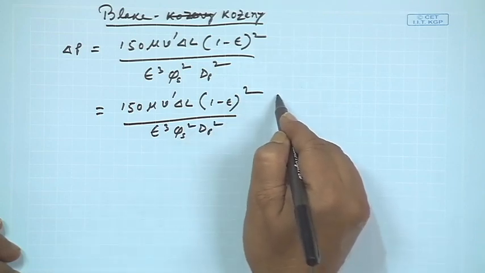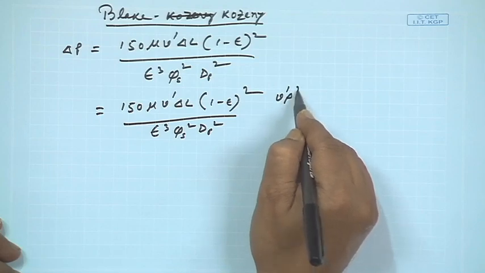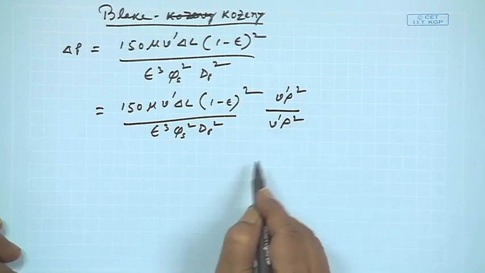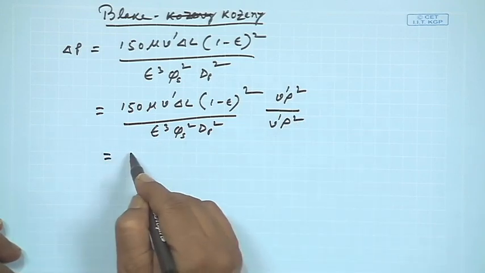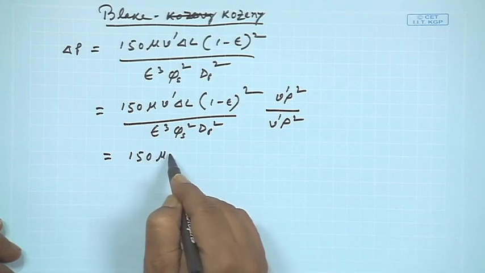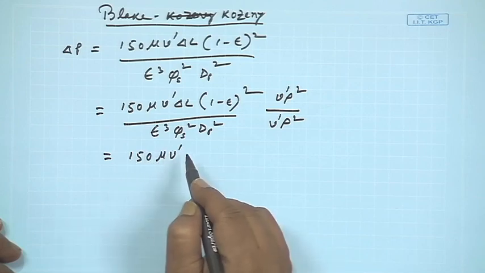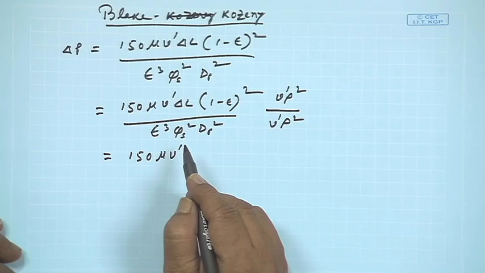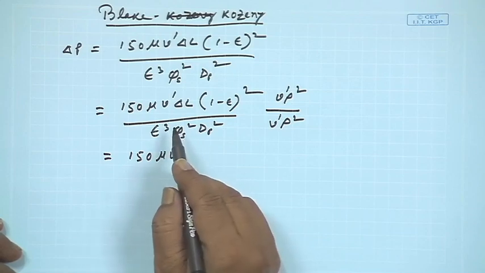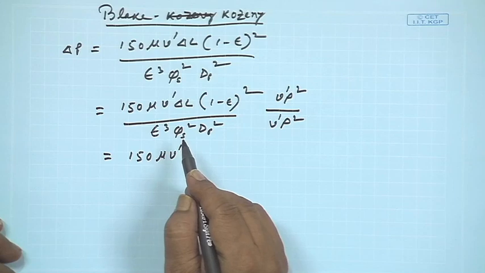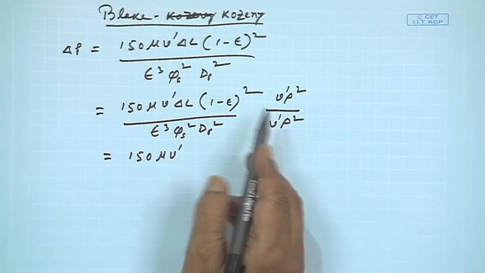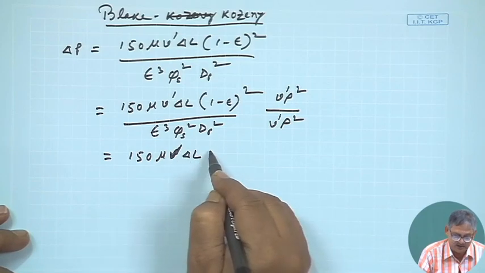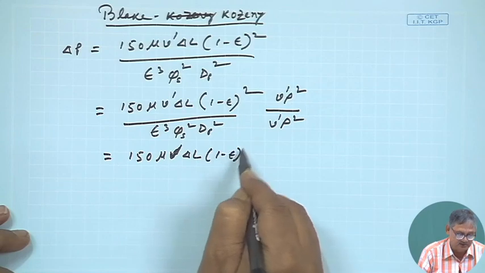Now, if we multiply both numerator and denominator by V prime rho square by V prime rho square, then we can rewrite and rearrange it as 150 mu, mu V prime we can use afterwards, okay, 150 mu delta L, because this V prime we can use inside. So, 150 mu delta L into 1 minus epsilon whole square.